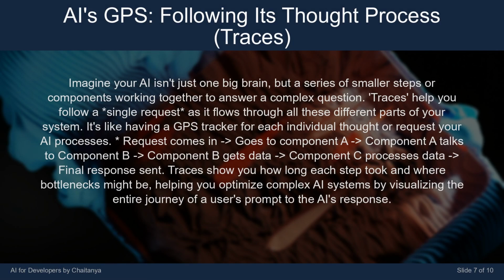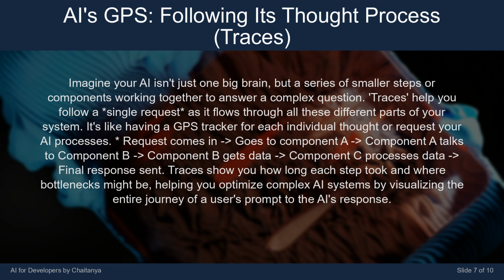Imagine your AI isn't just one big brain, but a series of smaller steps or components working together to answer a complex question. Traces help you follow a single request as it flows through all these different parts of your system. It's like having a GPS tracker for each individual thought or request your AI processes.